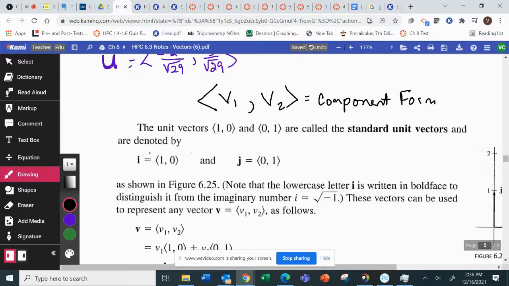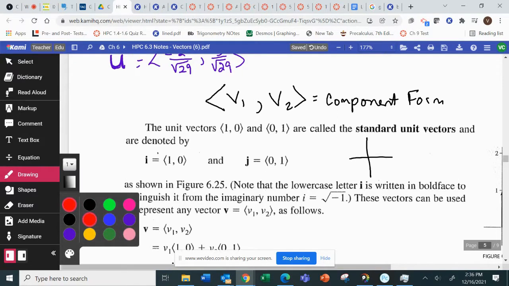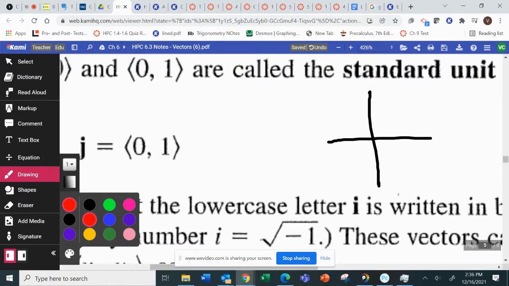We're going to start with some standard unit vectors, and we call those vector i and vector j, and they're always called i and j. That's a standard thing. And those vectors are <1, 0> and <0, 1>. If I were starting at 0, 0, I would represent vector i by going 1 on the x, and nothing on the y.